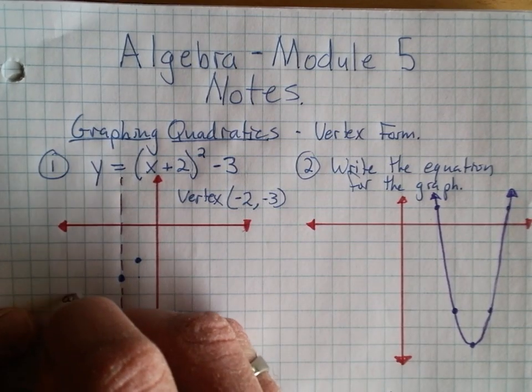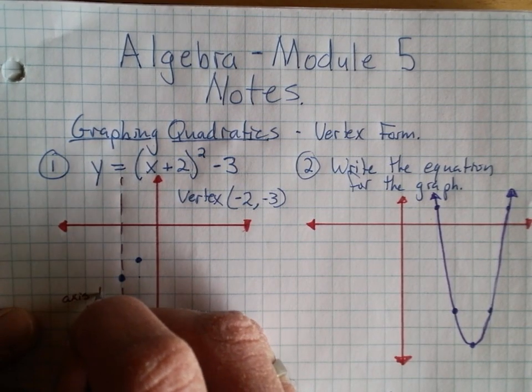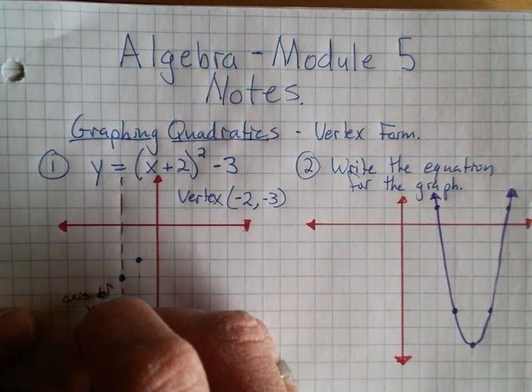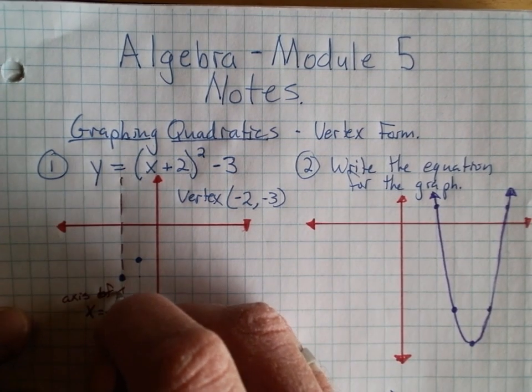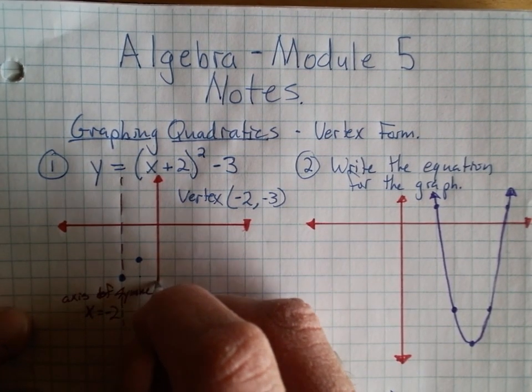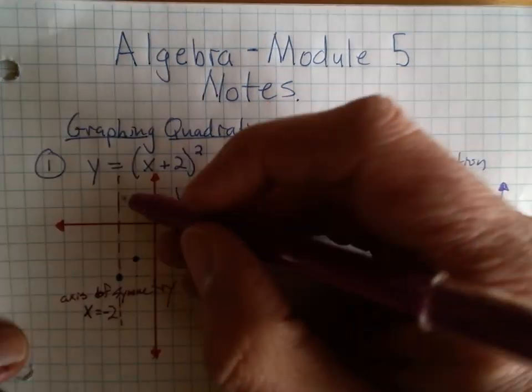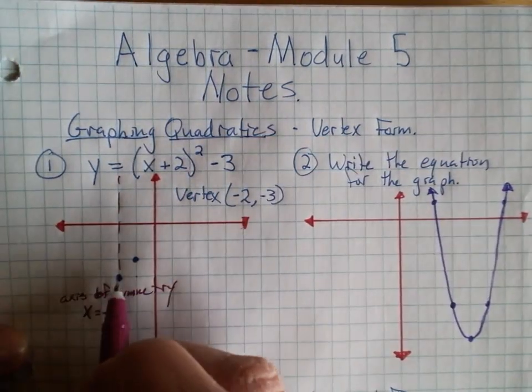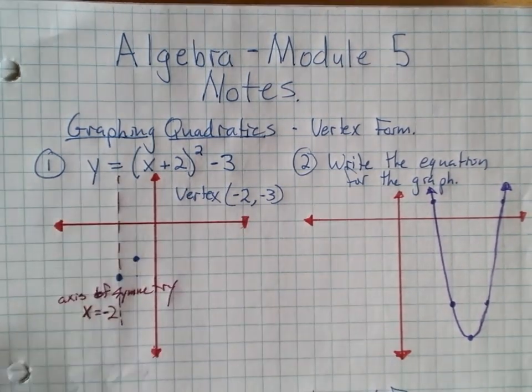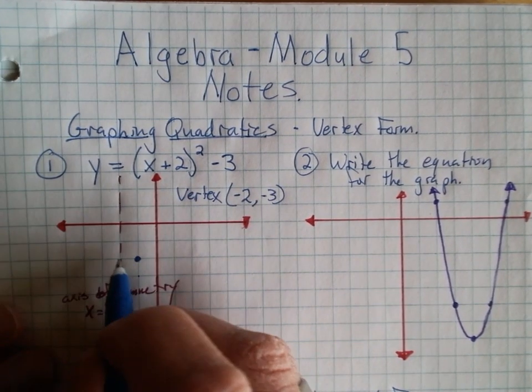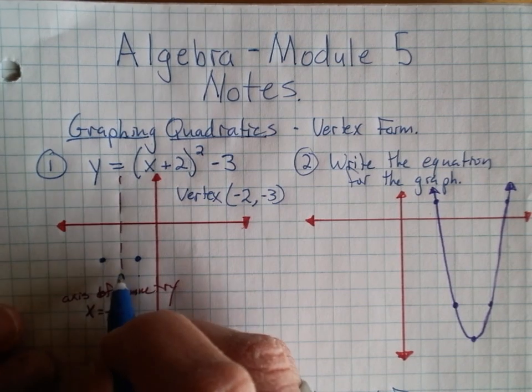So that's your axis of symmetry, right here at x equals -2. You've got your vertex at -2, -3, and now it mirrors on either side.